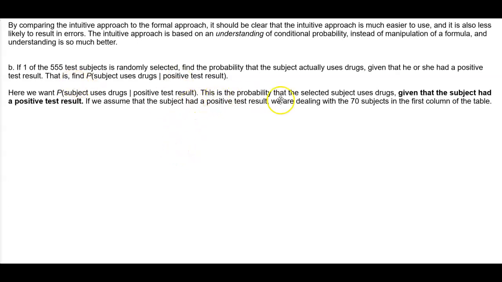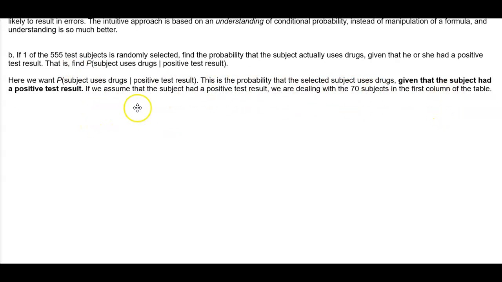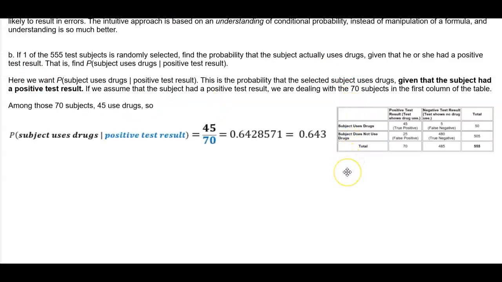This is the probability that the selected subject uses drugs, given that the subject had a positive test result. So if we assume that the subject had a positive test result, we are dealing with 70 subjects in the first column of the table. So let's take a look here. We want to find the total. The total of the column for having a positive test result is 70.